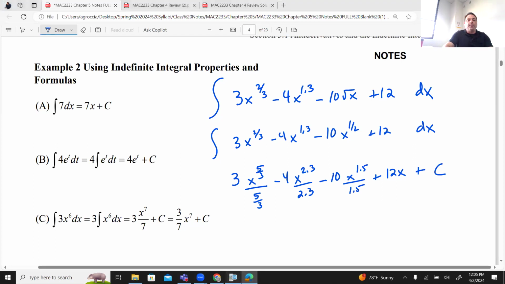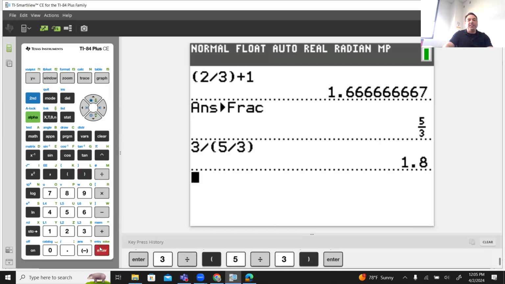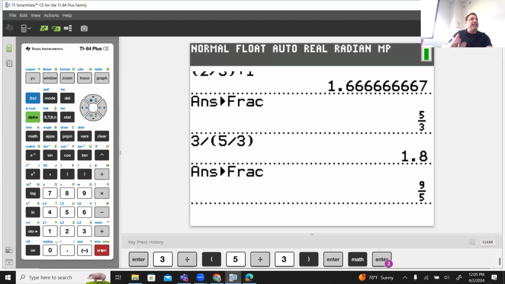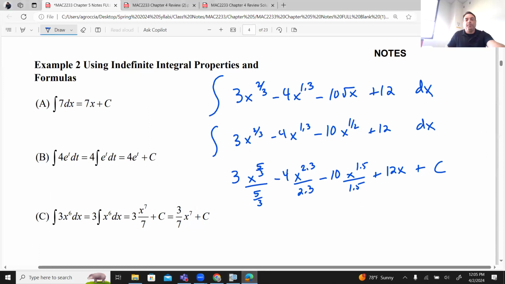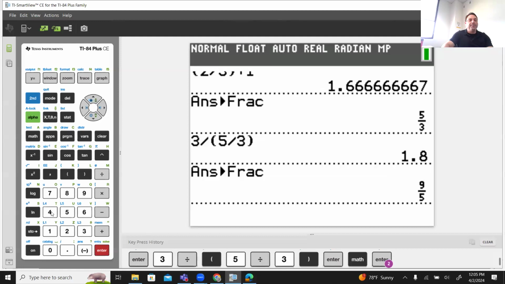So if we go to the calculator, 3 divided by, parenthesis, 5/3, you get this number. You can use 1.8 or math number 1 to fraction. You get 9/5. Remember skip, flip, multiply, all that. So this would be 9/5 or 1.8 x to the 5/3 minus 4 divided by 2/3.